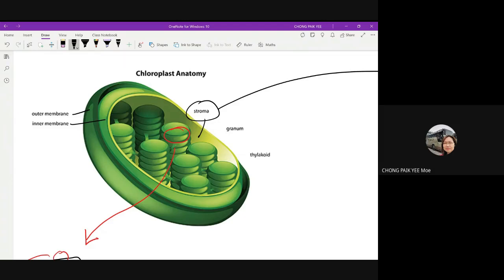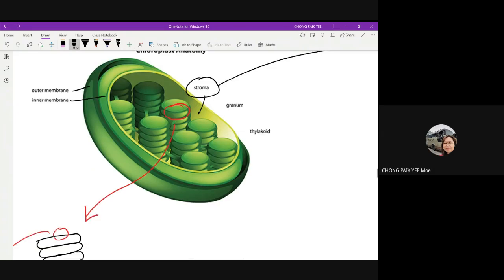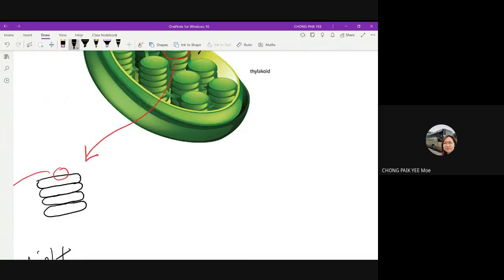In the structure of the chloroplast, you have stacks like this, which I have magnified here. This thing is called a thylakoid. Each one is a thylakoid. When you have a stack of it, the whole stack is called a grana.